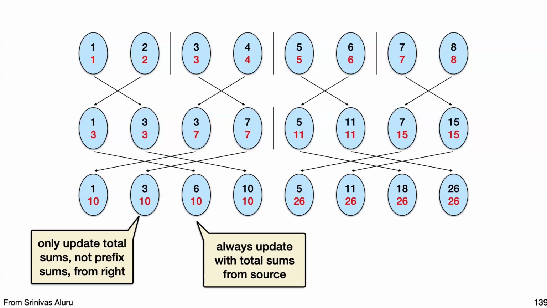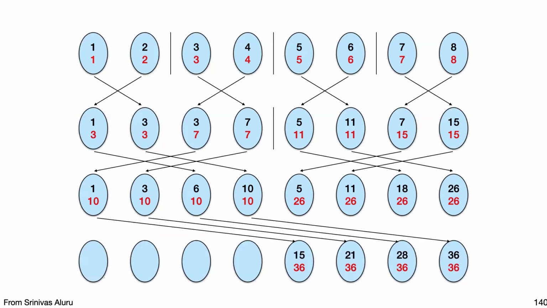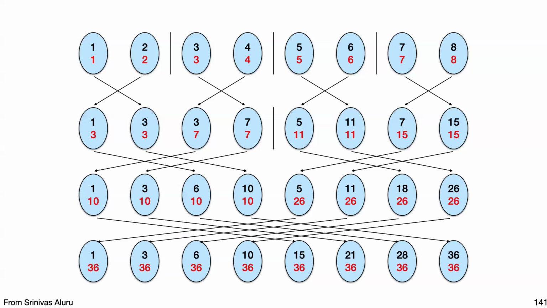This group of 4 is not finished because if you added 10 to all of these, it would be done, because 10 is the total sum in this left half, and everybody in the right half has the prefix. And yeah, the last step is you pair them all with something in the right half. You add in the total sum, and then the same right to left. This happens to be the end in this example, but if we had more processors, we would just keep running the algorithm in higher levels.